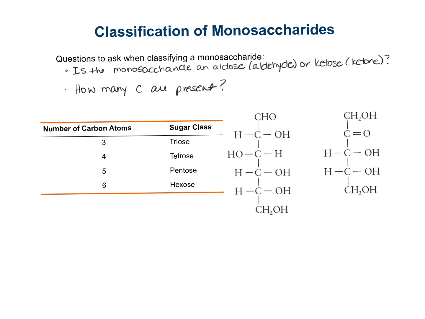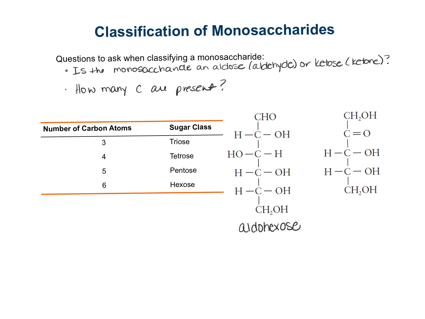Now, when we go through and do this, I want us to do two examples here. This example here contains an aldehyde functional group. So that means it would be classified as an aldose, and it has 1, 2, 3, 4, 5, 6. And so we would say, hey, look, that's an aldohexose.